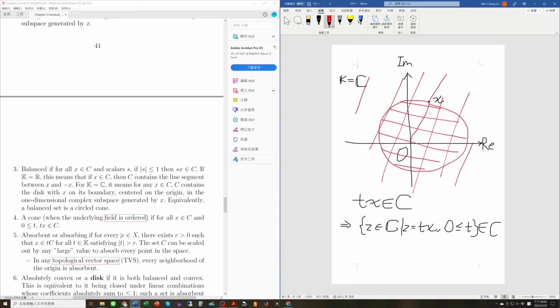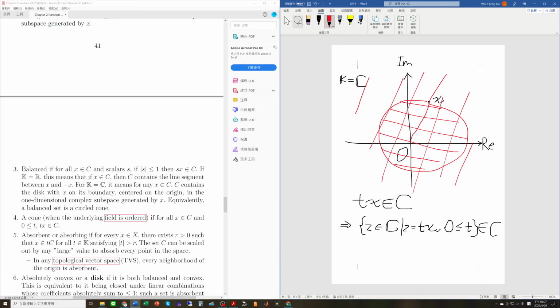So it is correct, because the total complex number plane contains this disk. So a balanced set is a circled cone when K is equal to C.